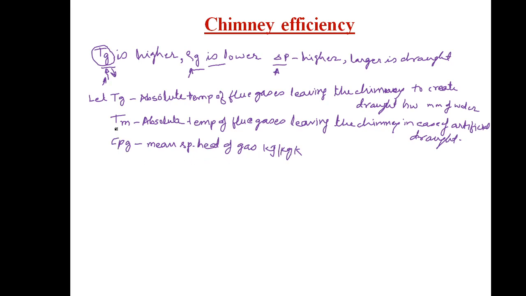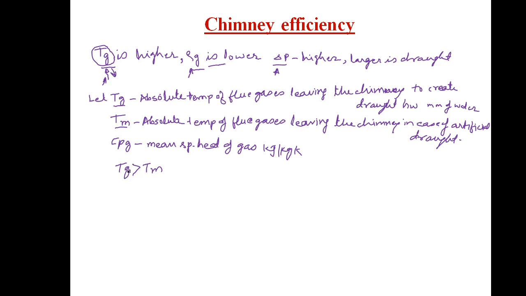In case of mechanical draught or artificial draught, the gas temperature is Tm, and in case of natural draught, gas temperature is Tg. Always Tg is higher compared to Tm because the draught depends on gas temperature, and to achieve higher draught we have to allow gases at higher temperature to pass through the chimney. Therefore the heat energy is lost along with the hot gases.